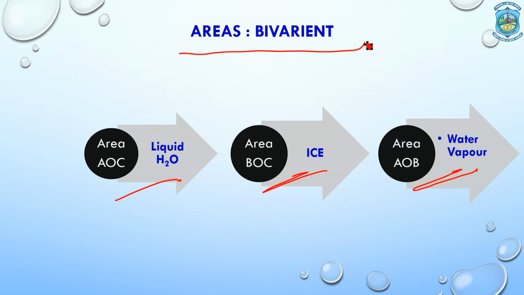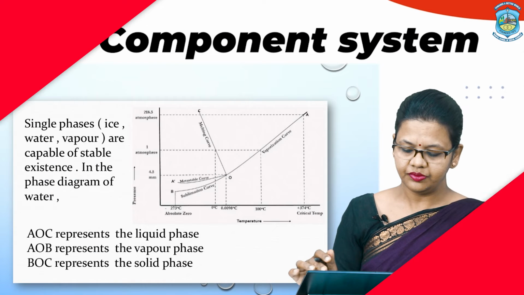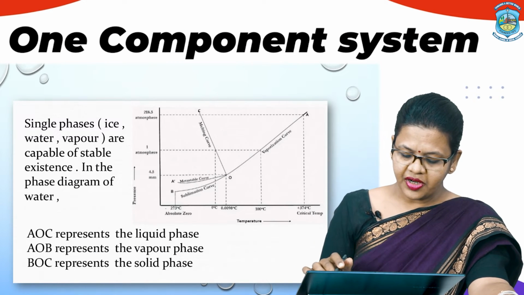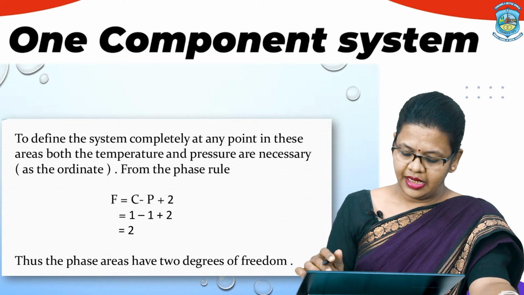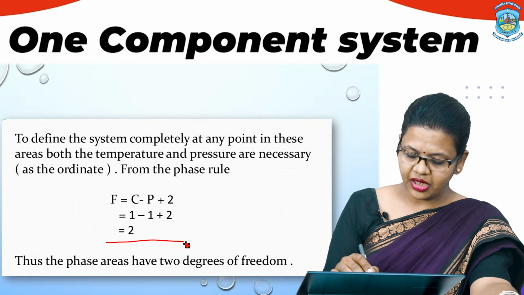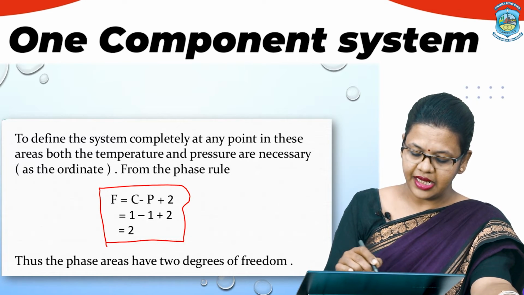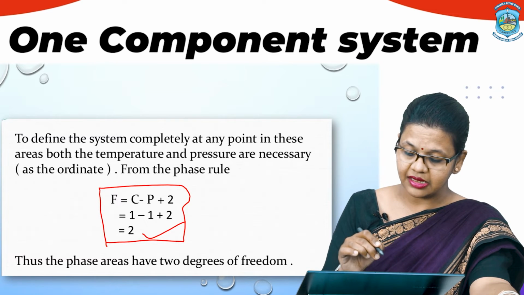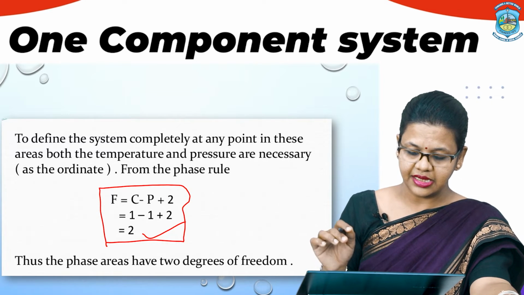And for each of these areas, when we apply the phase rule, we find that the areas will be bivariant. That means the degree of freedom for an area is 2. So, this is what I was talking about: the degree of freedom is 2 and it is known as a bivariant system.